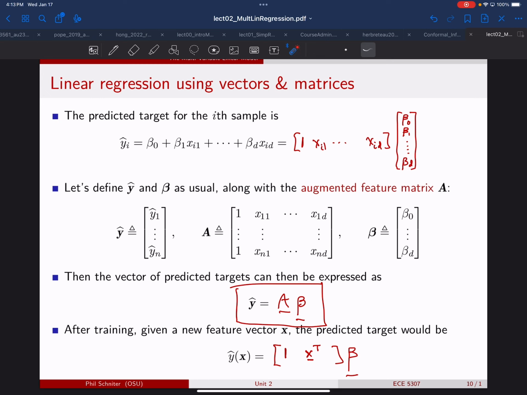Now, we'll talk about how we get the least squares coefficients beta, but once we have them, we can then apply that to a new data sample that we're given after training. In that case, let's say we collect our features into this vector X. We can plug that into a row that has the same kind of structure as this, apply our coefficients, and get a prediction for that particular set of features.